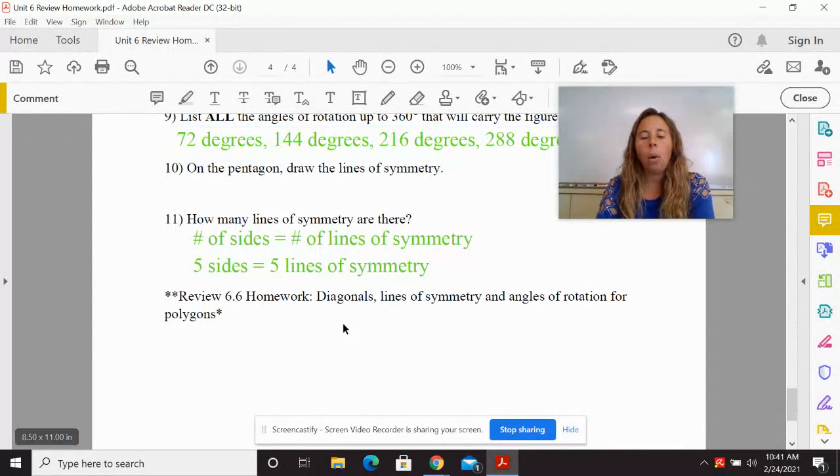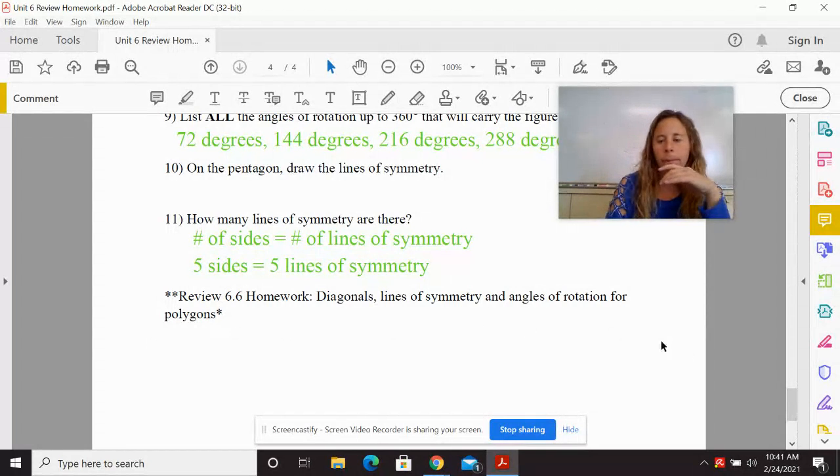Oh, and also the notes that you just wrote down today about the difference between parallelograms, squares, rhombuses, and rectangles, which I also posted on Canvas. It's on there under parallelogram notes, under Unit 6. Okay, read over those. Know the differences. Okay, I think that's it.